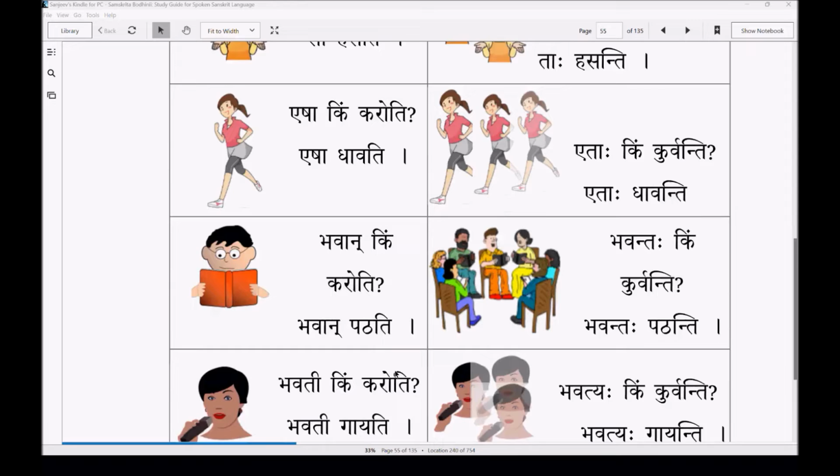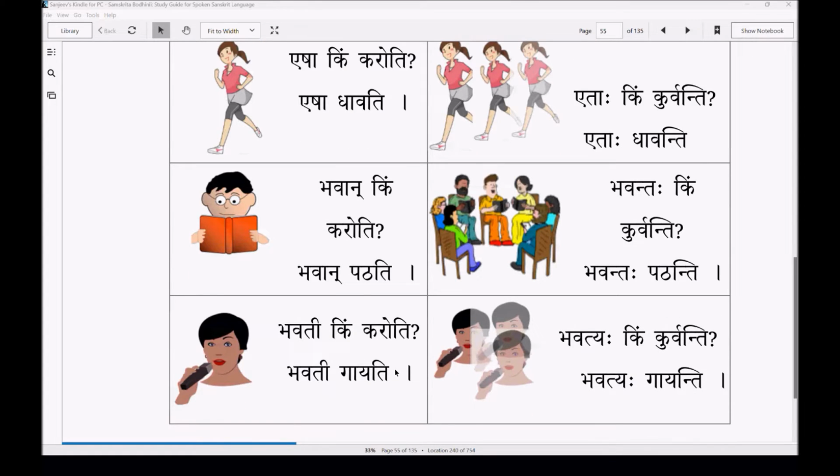Okay. Then for you, we can either use tvam, right, for you, ekavachana, tvam means you, or we can use bhavan in the pullinga ekavachana. Bhavan also means you. So depending on what word we use for you in Sanskrit, the verb form will change.